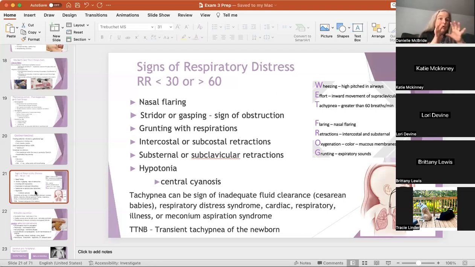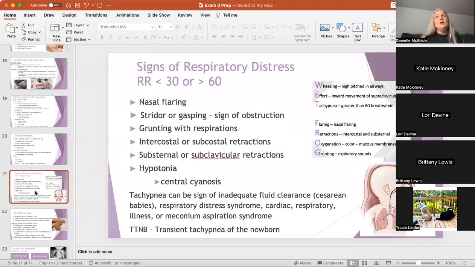And it was actually important to help expand those alveoli and help the lungs mature properly. But in labor, the fluid's supposed to get out. And then as the baby comes through the birth canal, they get that nice squeeze on the chest that helps to force that fluid out, so that when the baby delivers and they take that big breath, gas exchange can happen. If we don't have the fluid cleared out adequately, then maybe we have signs of respiratory distress because the baby's trying to work that fluid out.